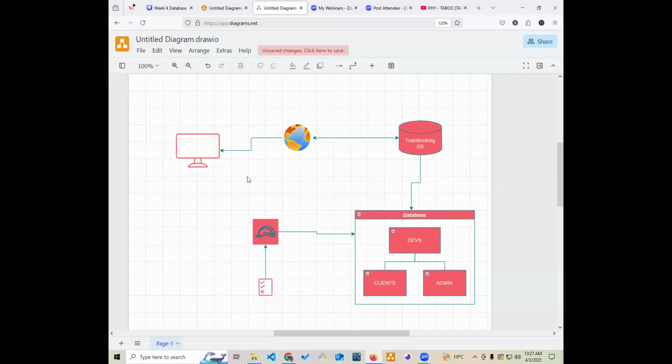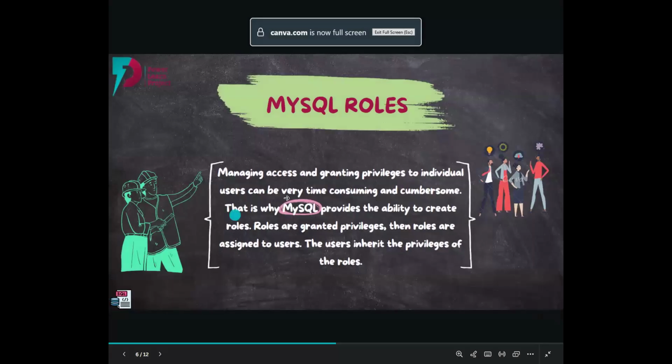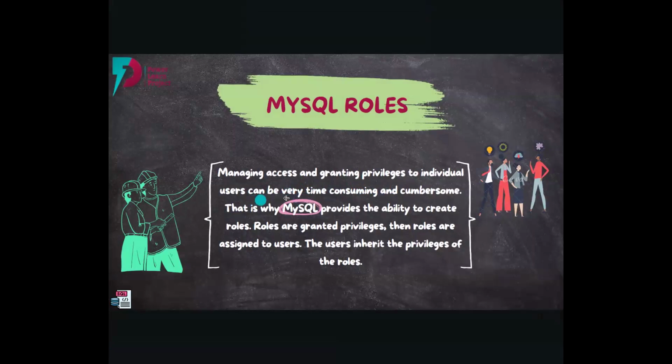Now, with that, let me try to explain the roles. When managing access and granting privileges to individual users, it can be very time consuming and cumbersome. That is why MySQL provides the ability to create roles. Roles are granted privileges, then roles are assigned to users. The users inherit the privileges of roles.